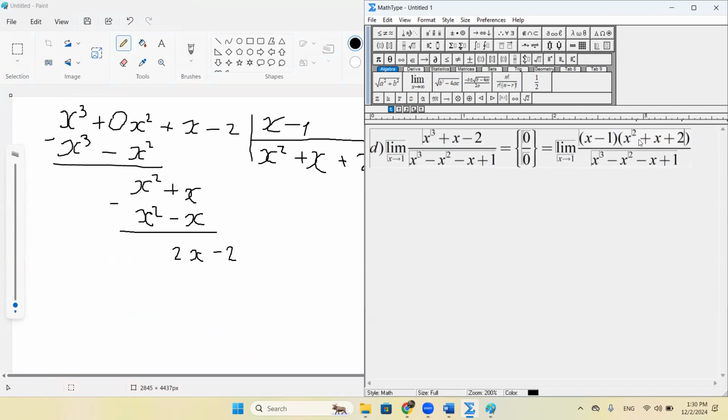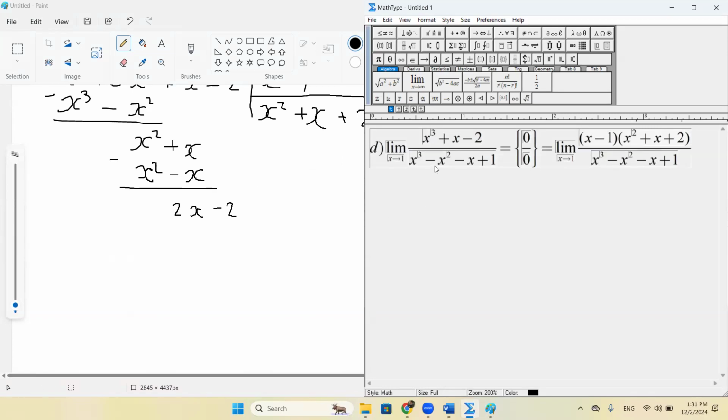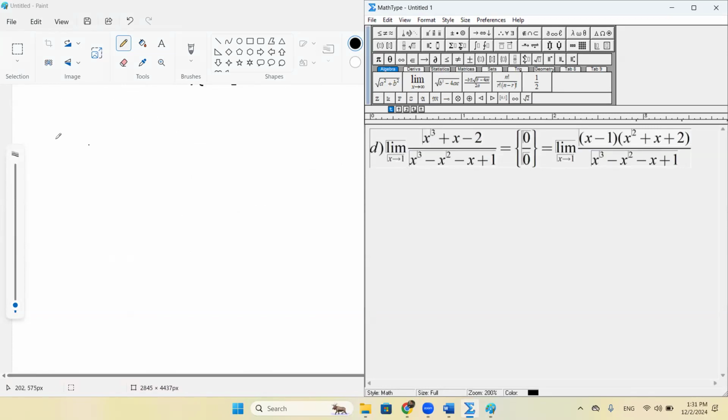And by the way, we cannot expand this expression, because it has only complex roots, so the discriminant is negative. So 1 minus 8, so you see. And now we're expanding the denominator in the same way.